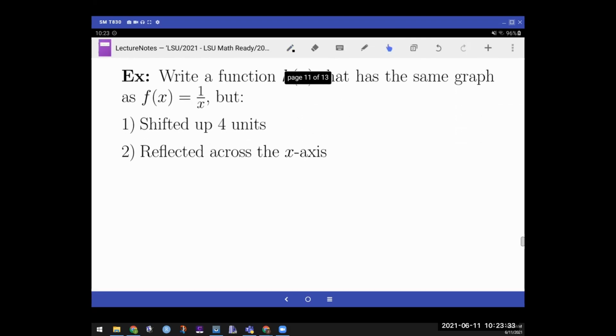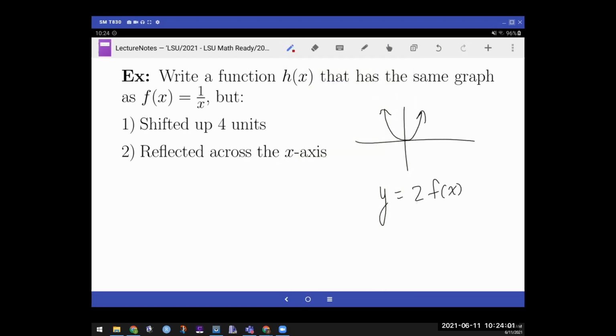Now, we're not talking about the last type of transformation, just because we don't have the time to do it right now. That's something we get to later. But there's another set, which would be scaling or stretching, or compressing and shrinking. That would be whenever you multiply a function by, let's say, 2.